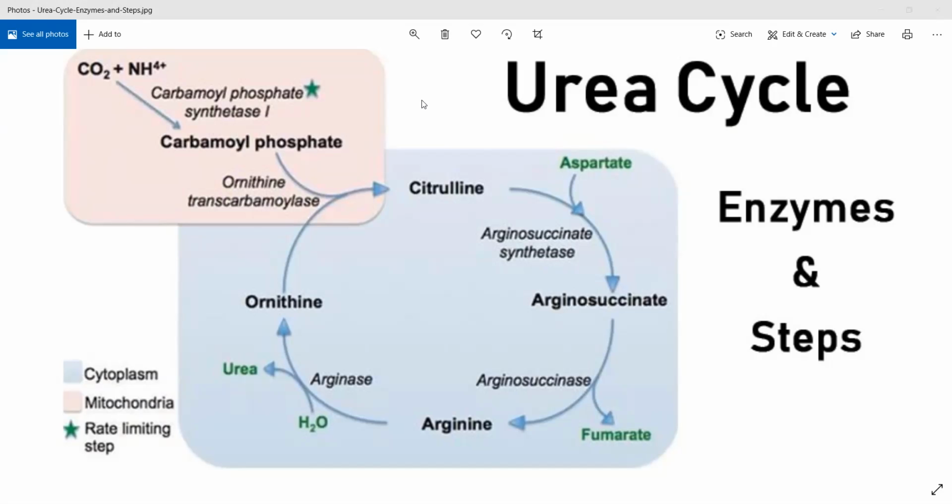The second amino group will later be given by arginine. The first thing happening is citrulline combining with one amino acid, aspartate, in the presence of arginosuccinate synthetase to form arginosuccinate. These are all intermediate compounds.